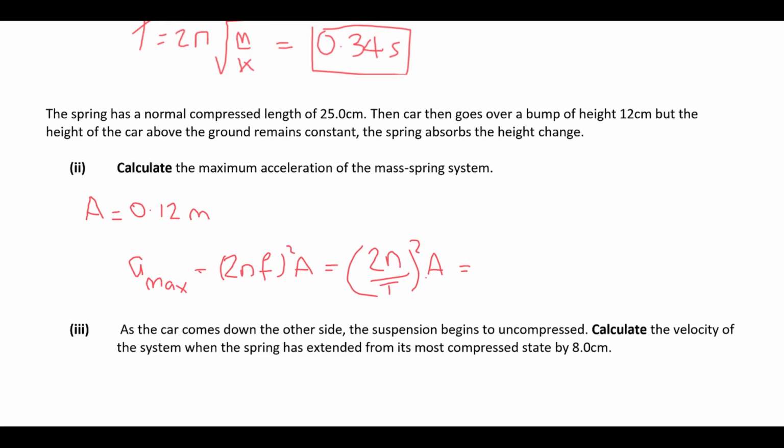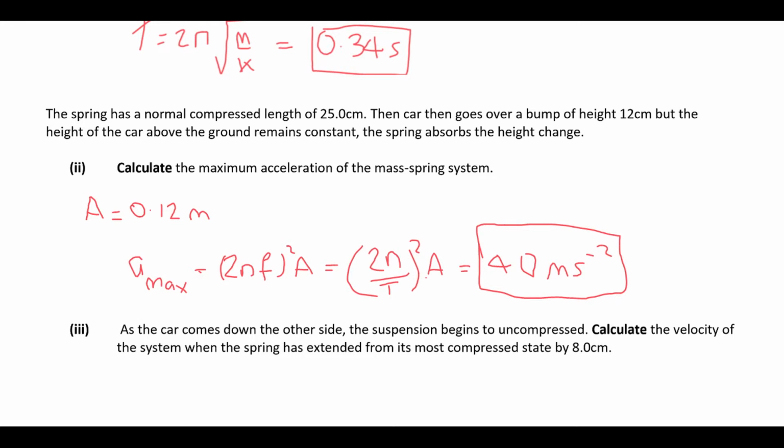We've got T already, so let's do 2 times pi divided by the answer squared times 0.12 gives us precisely 40 meters per second squared as the maximum acceleration of the object, which would occur actually at the amplitude or initially, essentially.